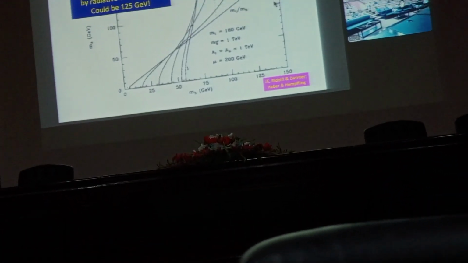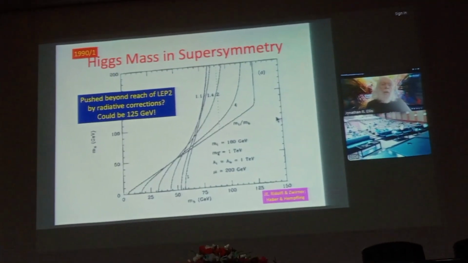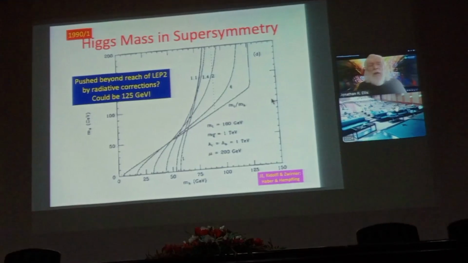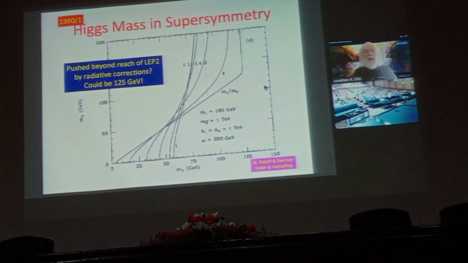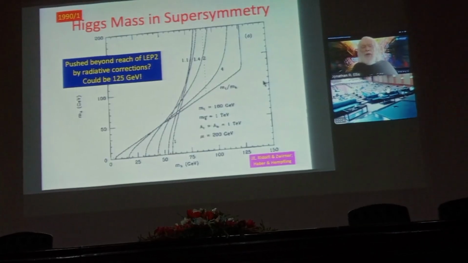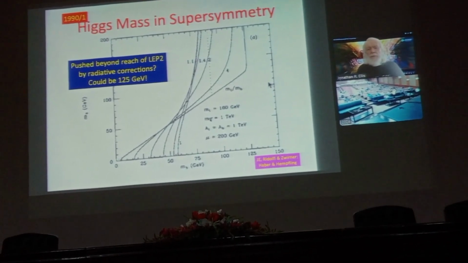So I already advertised that in supersymmetry you can calculate the mass of the Higgs boson, and it turns out to be below 130 GeV, in agreement with the experiment.